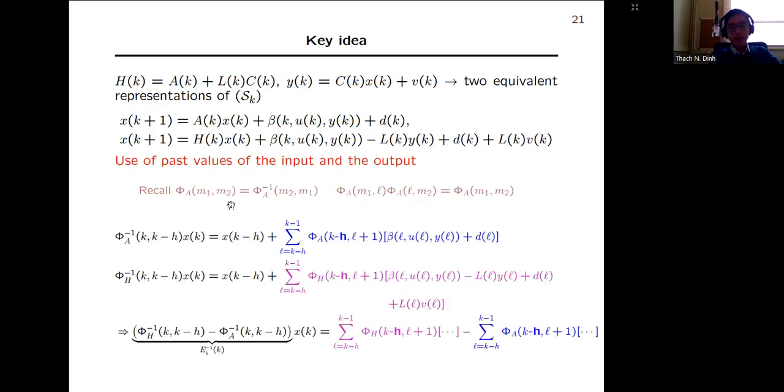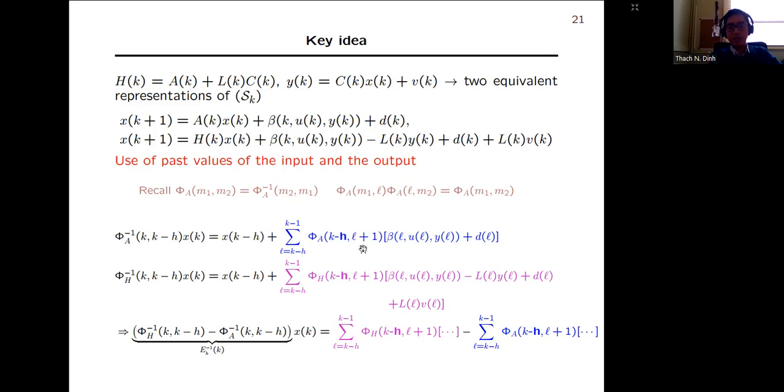Because phi A is invertible and phi S is invertible, we can multiply both sides by phi A minus 1 and phi S minus 1. And we recall that phi A minus 1 k minus S is equal to phi A k minus S k. So we multiply both sides by phi A k minus S k.